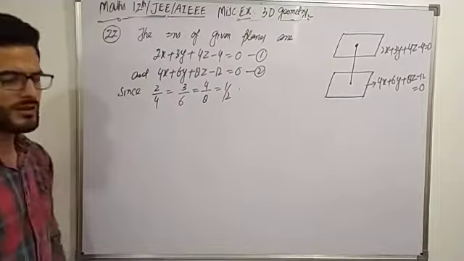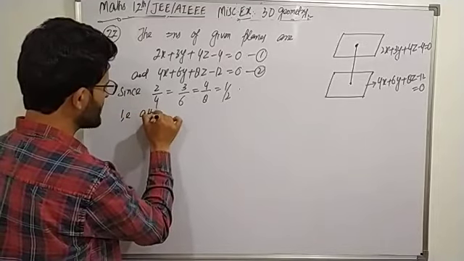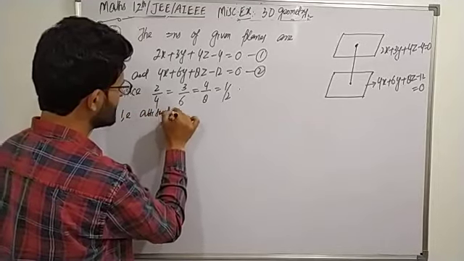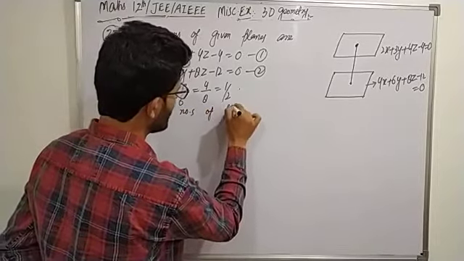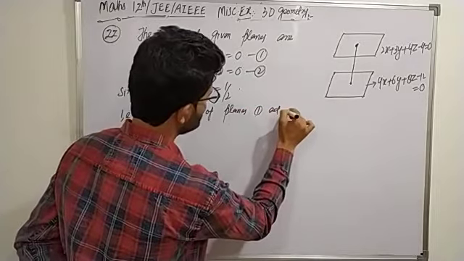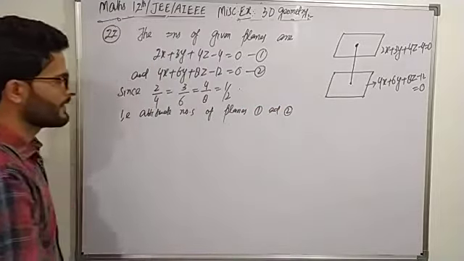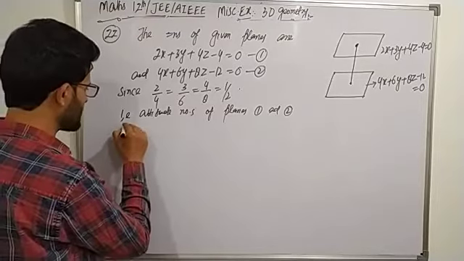That is, इसका क्या मतलब? That is direction ratios of planes first and second are proportional.